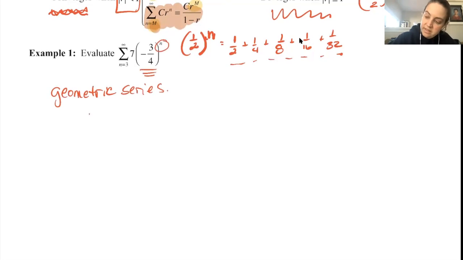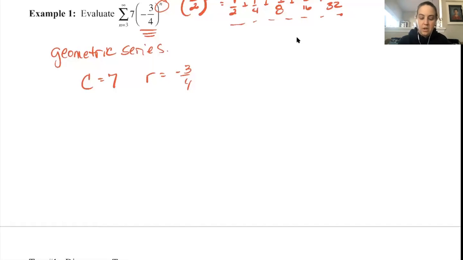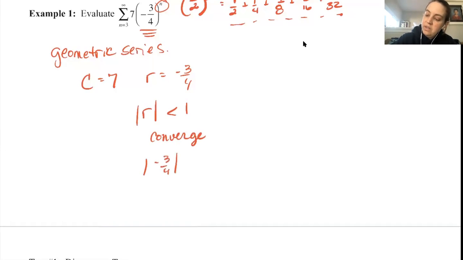So we know that c is equal to 7, and that ratio is -3/4. Now, if the absolute value of r is less than 1, then it will converge. The absolute value of -3/4 is 3/4. It is less than 1. This will converge.